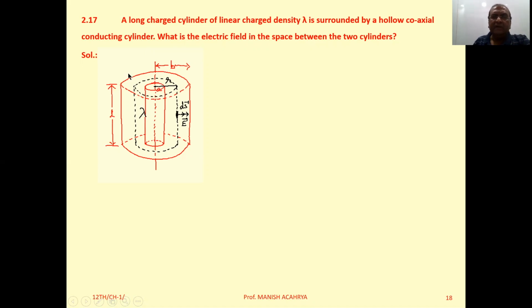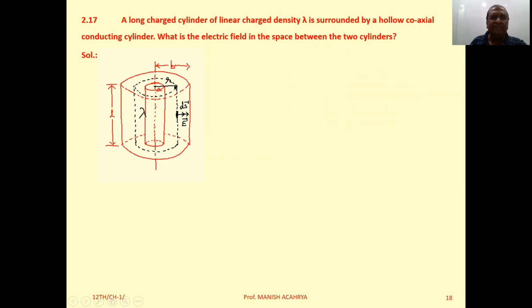Then the outer cylinder, which is coaxial with the inner one, has radius equal to b. Now we want to find the electric field in the space between these two cylinders.